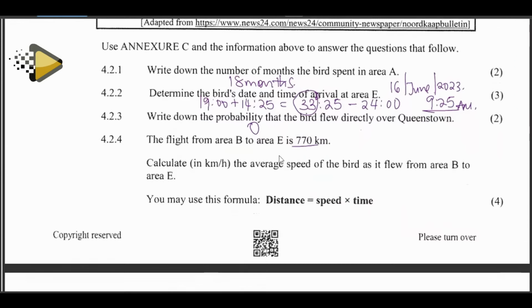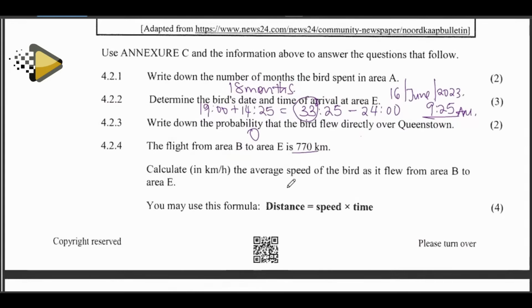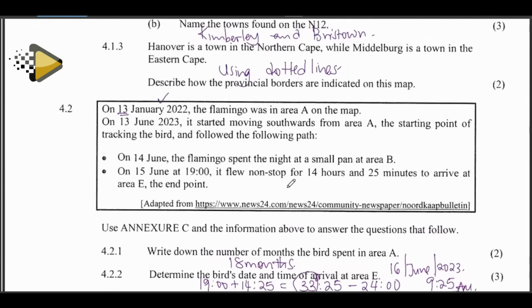Calculate in kilometers per hour the average speed of the bird as it flew from area B to E. Now remember, from B to E, it spent how long? It spent 14 hours, 25 minutes flying from B to E. So these are the hours.